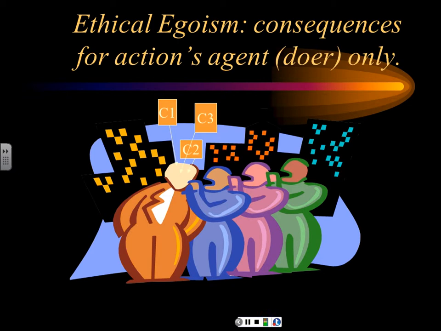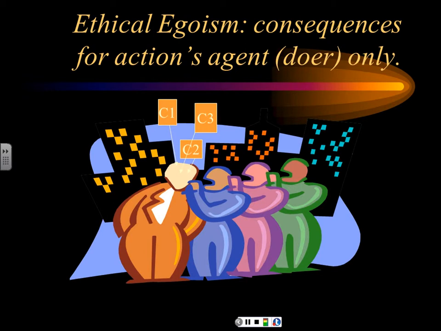So I kind of try to indicate that here by saying if this is the person who's making a moral choice, doing the action, then the only thing that matters are the results, good or bad, for the doer of the action.